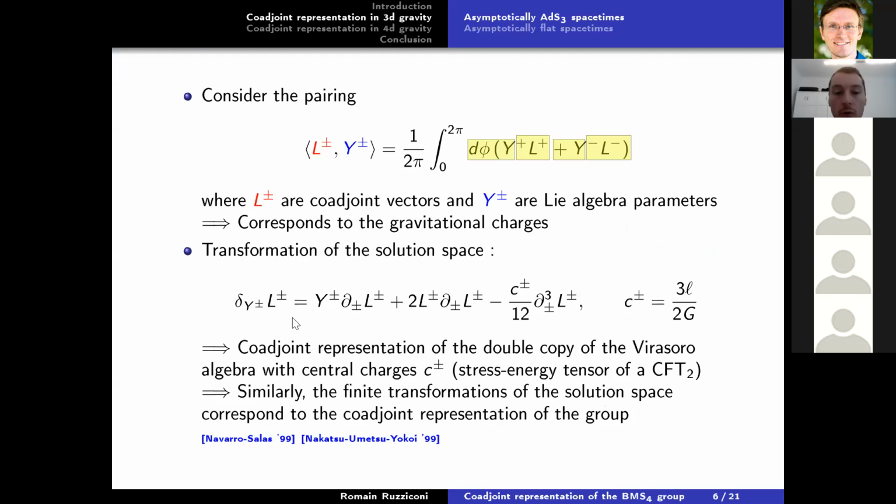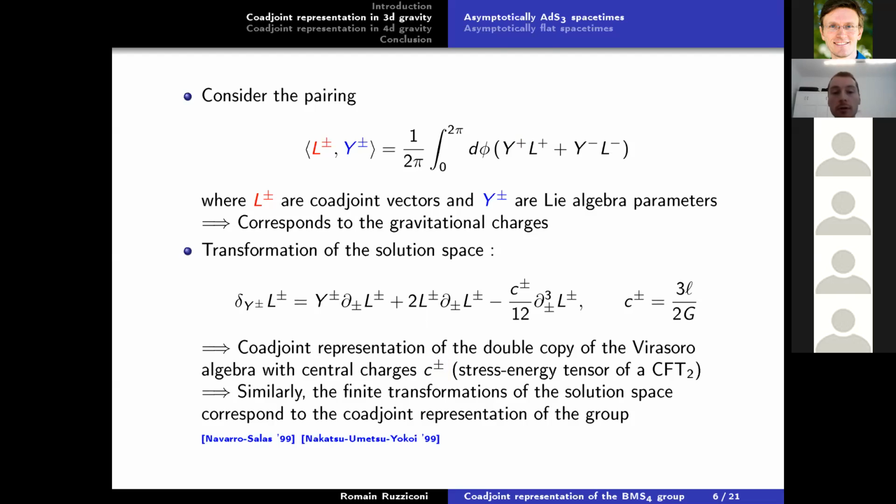So here I wrote the infinitesimal variation of this solution space under the asymptotic symmetry algebra. And so here you recognize this Schwarzian derivative that involves the Brown-Henneaux central charge. And then what you can show is that this variation of the solution space precisely corresponds to the coadjoint representation of the double copy of the Virasoro algebra with a fixed central charge.